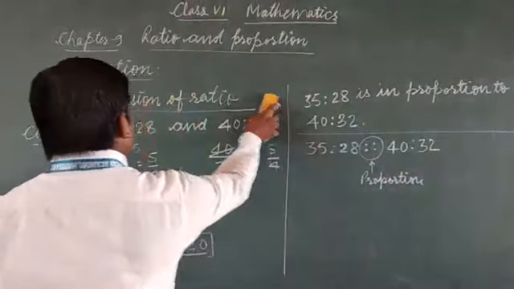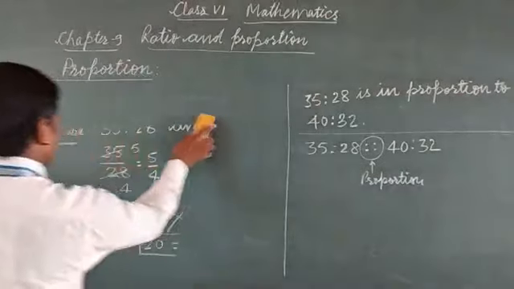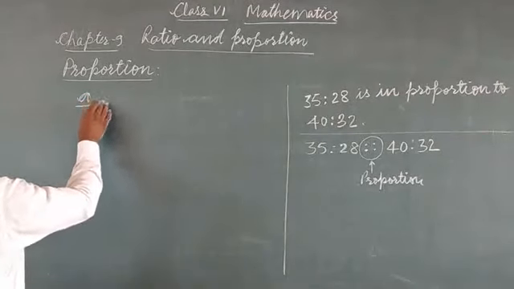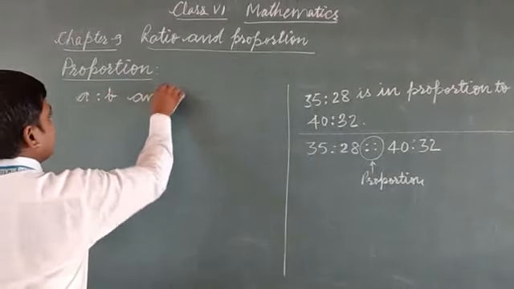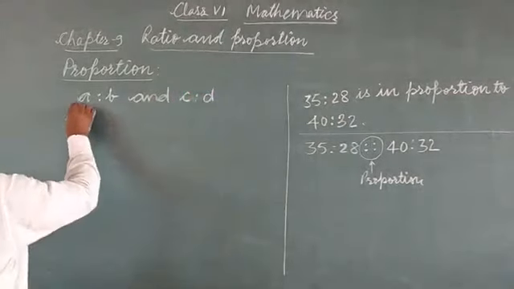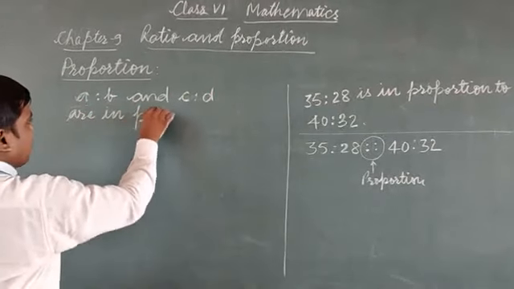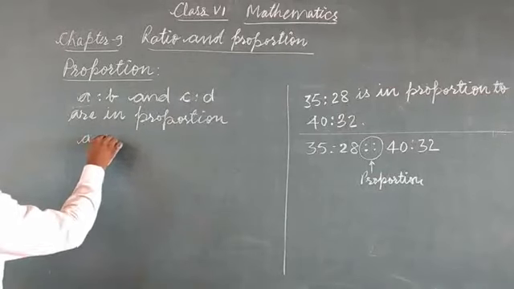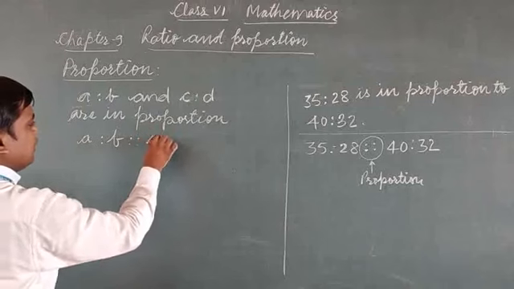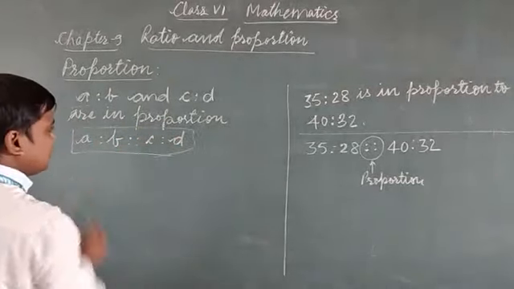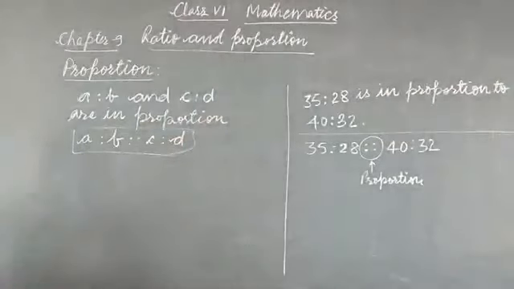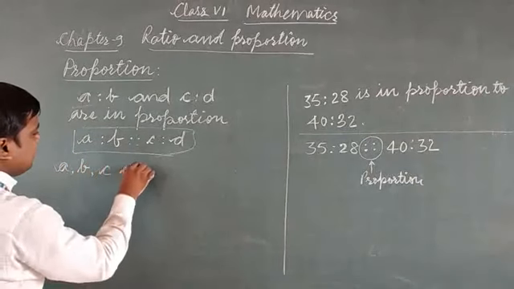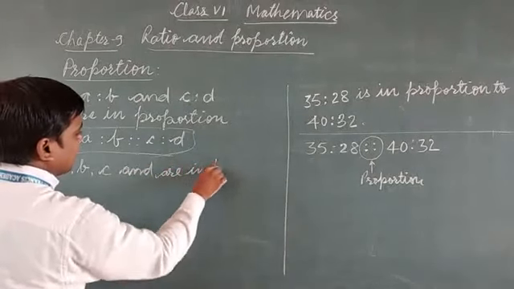In a general way, if we are having two ratios in proportion, means A is to B and C is to D are in proportion, we can write A is to B proportion to C is to D. These four terms written here are always in order, means A, B, C and D are in proportion.